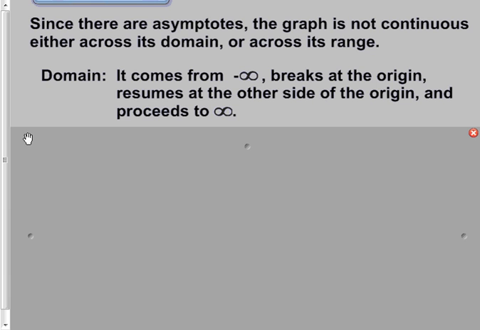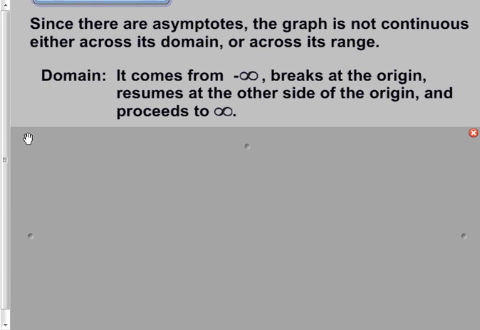So at negative infinity, we do have one of the legs of the hyperbola all the way out there. So we're proceeding from negative infinity. We will continue all the way across the negative side of the x-axis. The graph will turn. It will move along the y-axis, never actually reaching the y-axis. That's why there's an asymptote at the origin. So we're going to have a break at the origin.